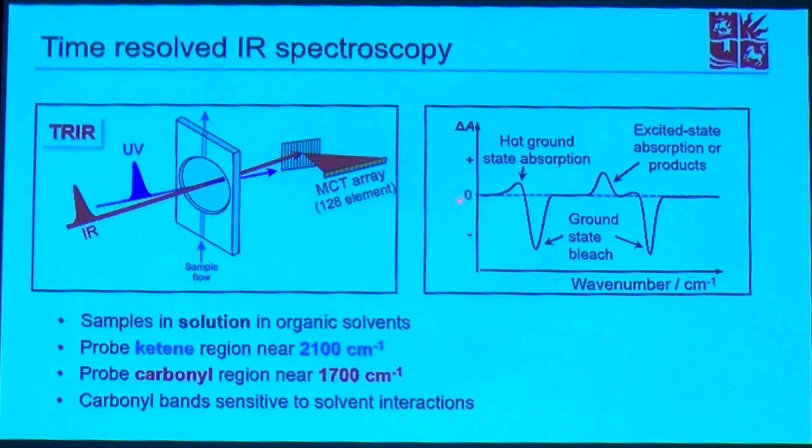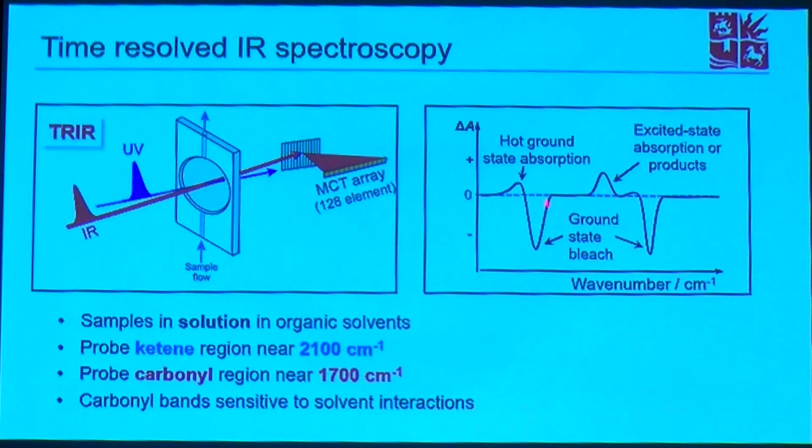The data that I'm going to show you have this general form. I'm going to show you changes in absorbance of the infrared light. So the infrared is our probe. We're going to measure the change in absorbance of the solution caused by the photoexcitation with the UV pulse. And so positive going features in these spectra are going to be new products of the photochemistry or excited state intermediates.